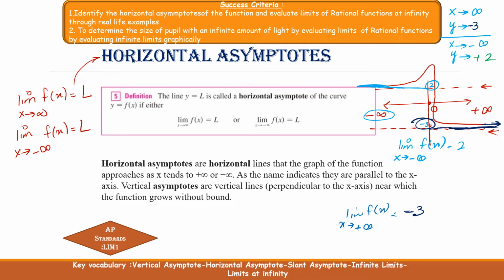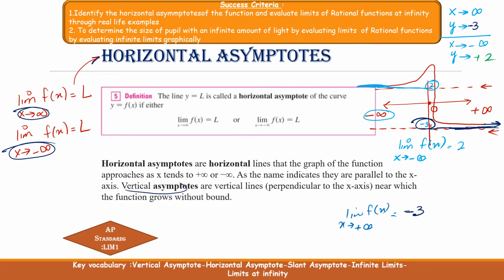Now the dotted horizontal lines are representing the horizontal asymptotes. The important thing is that when x is approaching positive or negative infinity, we are representing our horizontal asymptote.